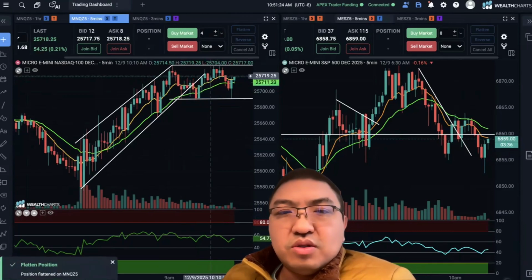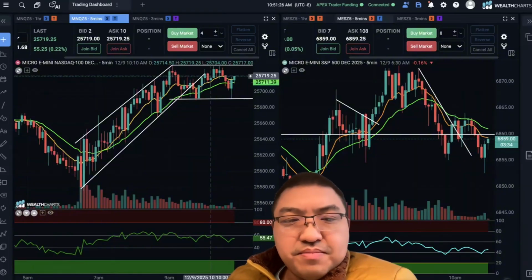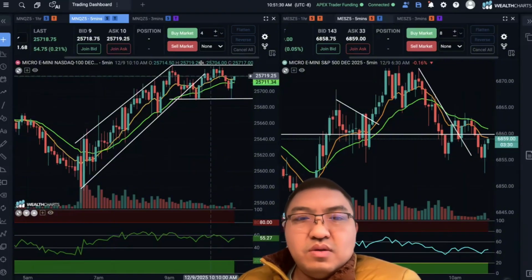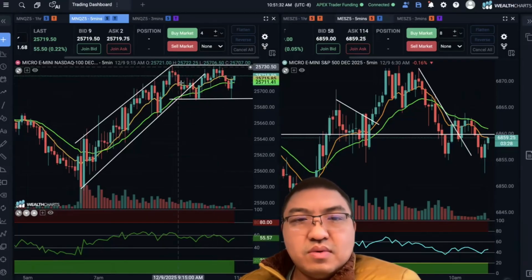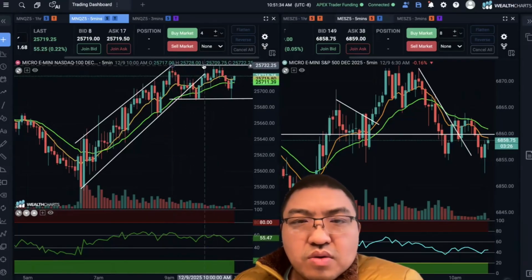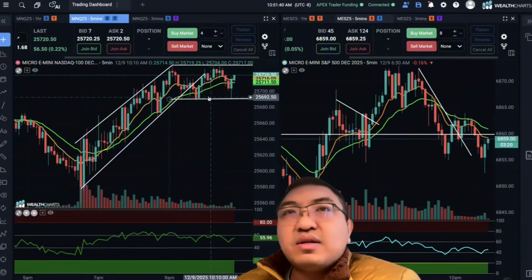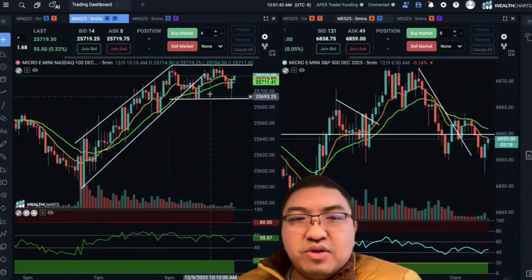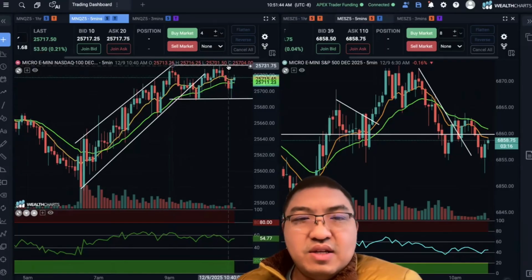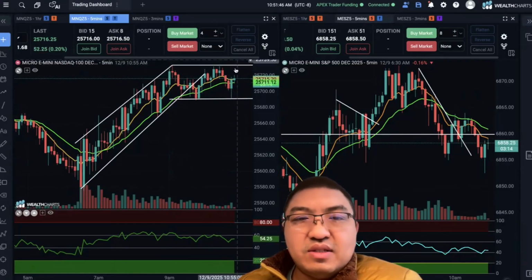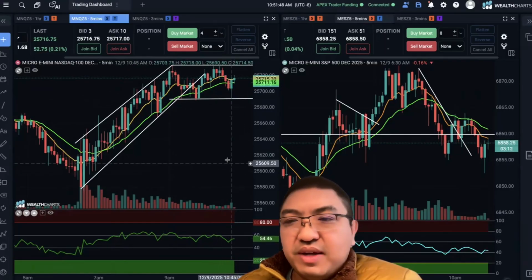So the upward continues. Flat. So it's like 733. Oh, it's like 40 to 50 range. It's not worth trading anything during this range. We will wait for the breakout.